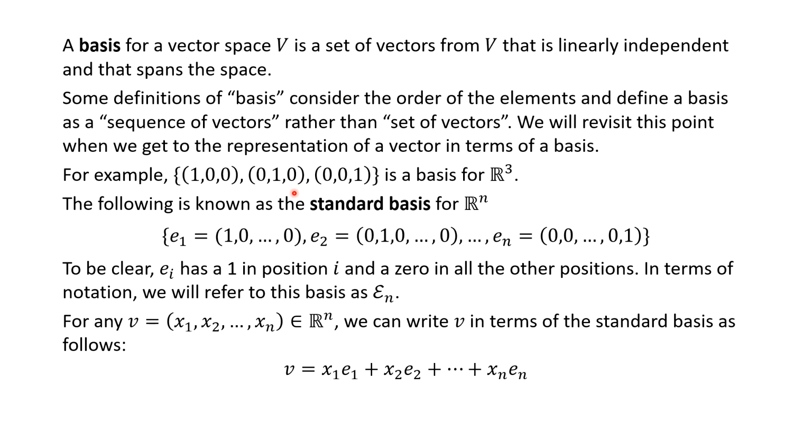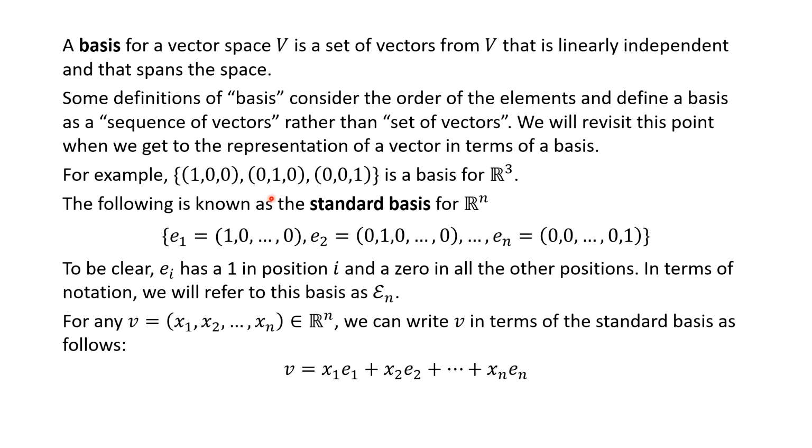For example, and this is basically the same example from the previous slide, (1, 0, 0), (0, 1, 0), (0, 0, 1) is a basis for R3, and then we can extend that to Rn, and we write that out here. We have 1 with all zeros, and then 1 in the second position, everything else 0, all the way up to 1 in the nth position.